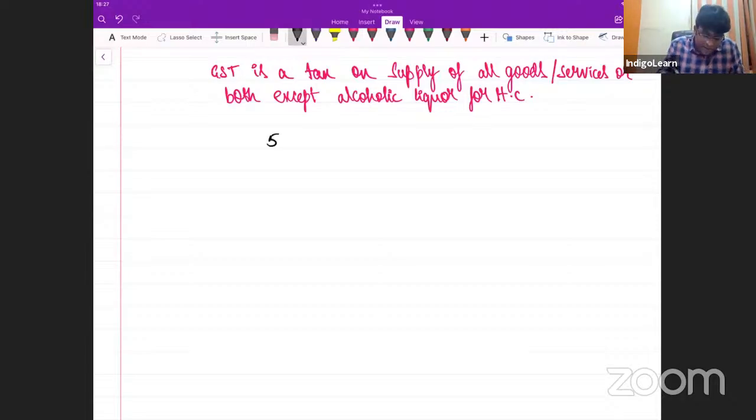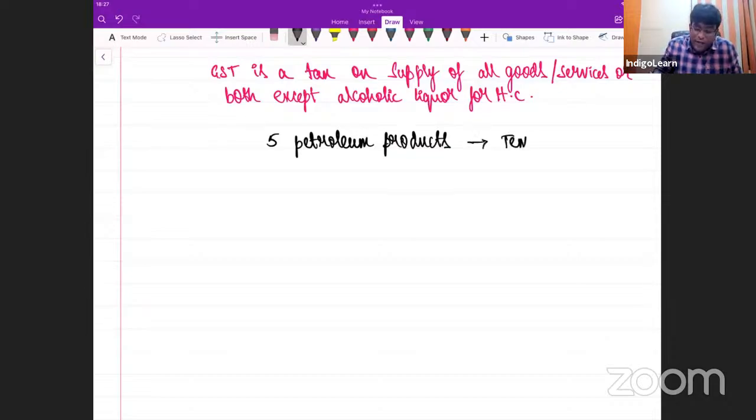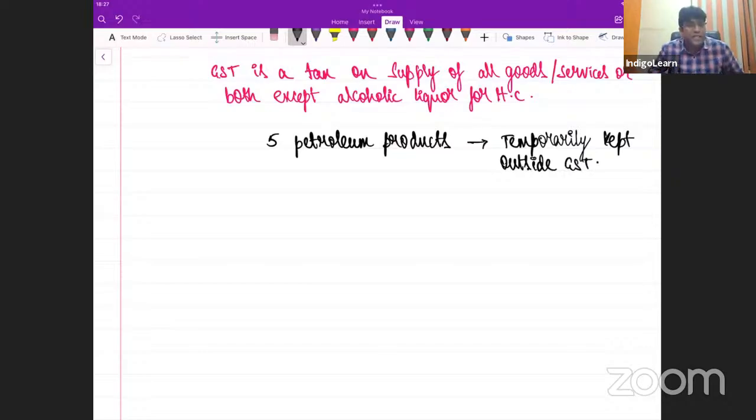And let me also tell you an interesting point which I'm sure all of you know. There are 5 petroleum products which are temporarily kept outside GST. So friends, what is the definition of GST?